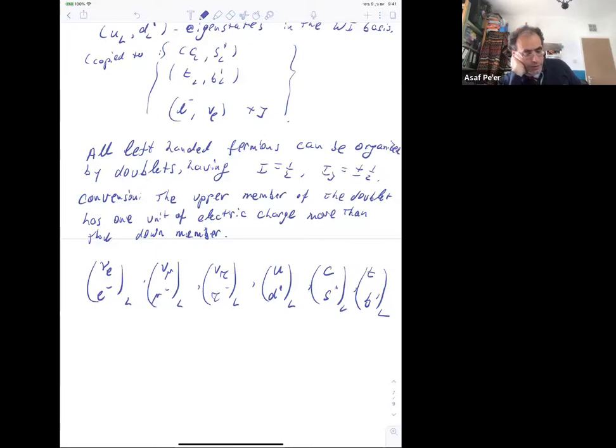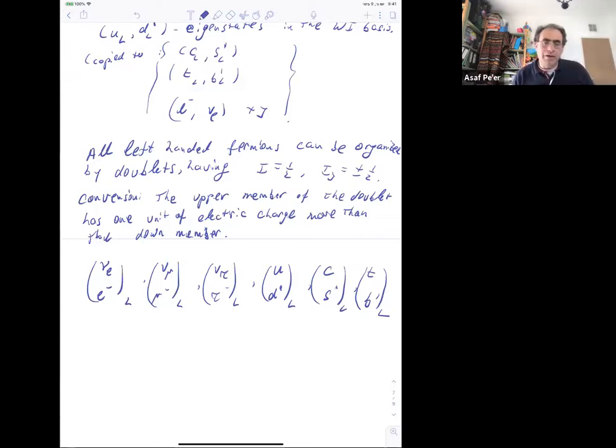We wrote down the quarks specifically in the interaction basis. I'm sorry for that. Now this common ordering is useful because we want to be consistent with the physical definition of the W boson, the W plus and W minus, which we're going to show in a few minutes.